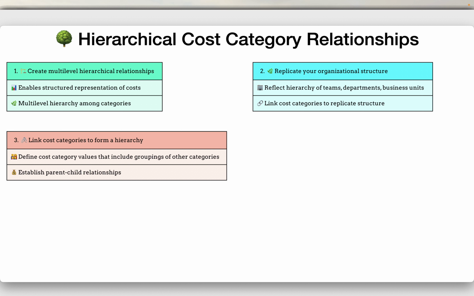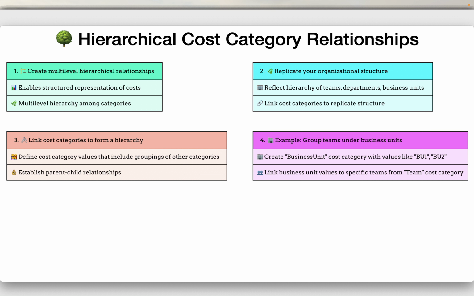To create a hierarchy, you define cost category values that include grouping of other cost categories, establishing a parent-child relationship. So for example, in a scenario where teams are grouped under business units, you can create a business unit cost category with values like BU1, BU2, which are linked to specific teams from the team cost category.